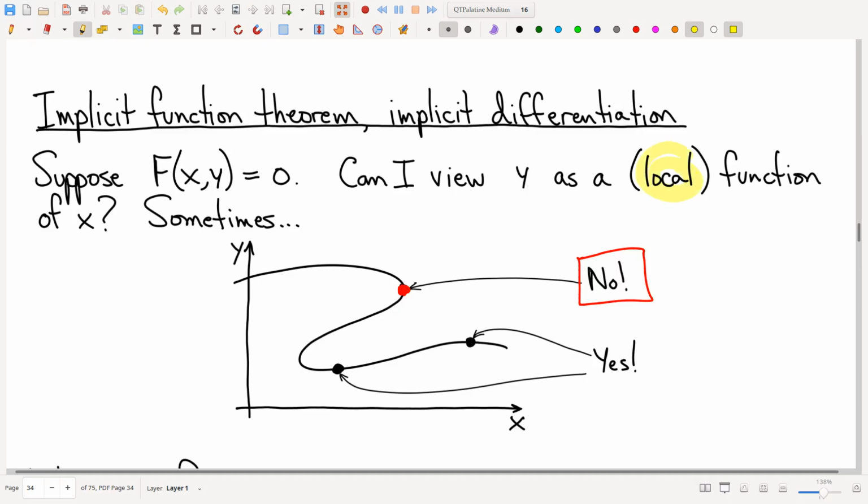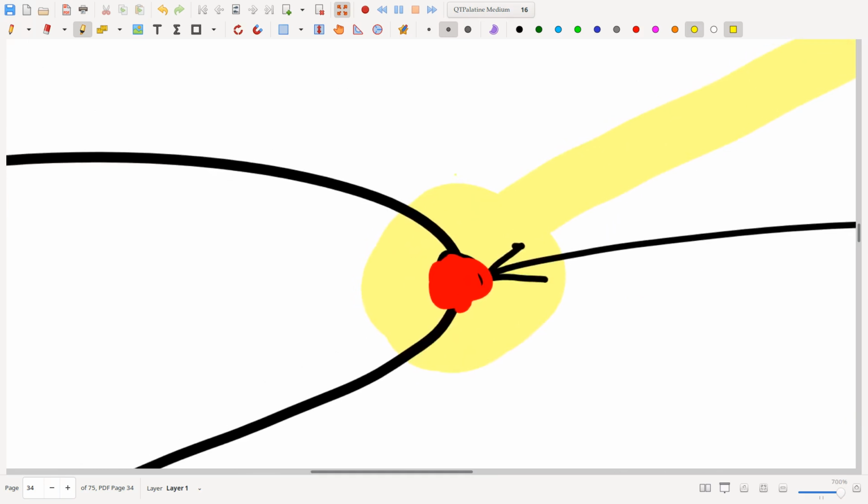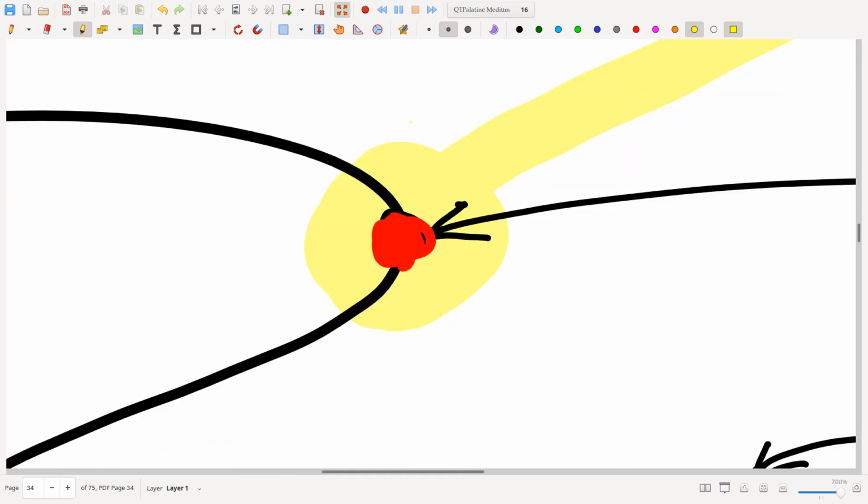No matter how small my neighborhood is, and now just for effect, I'm going to zoom in if I can. There we go. In that teeny tiny little neighborhood, if I look at just this bit of curve, does that pass the vertical line test?